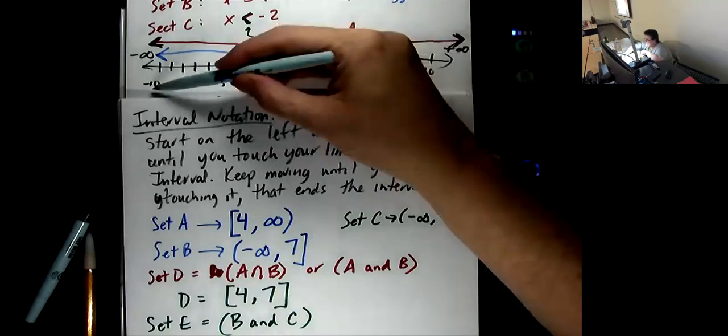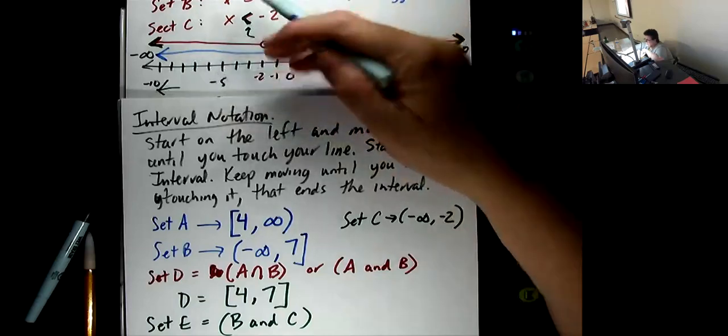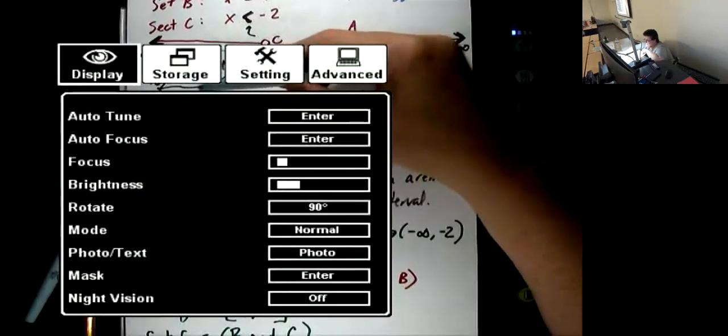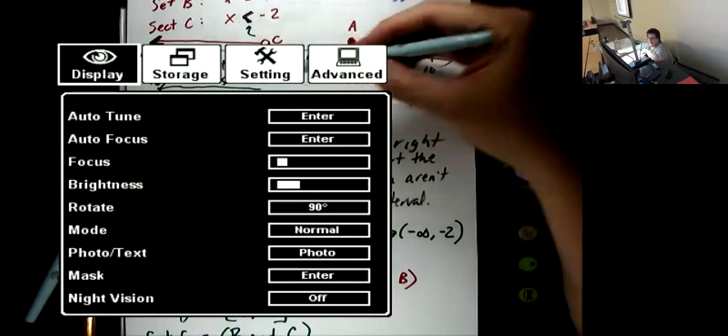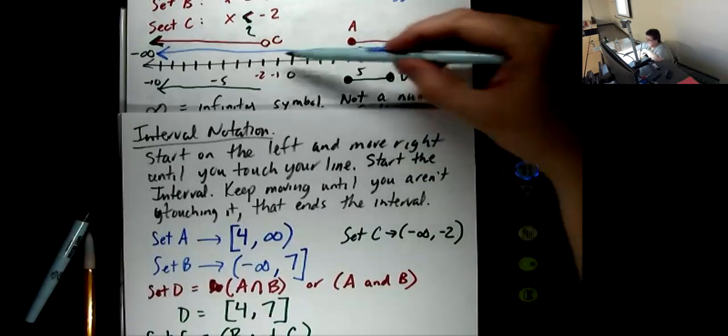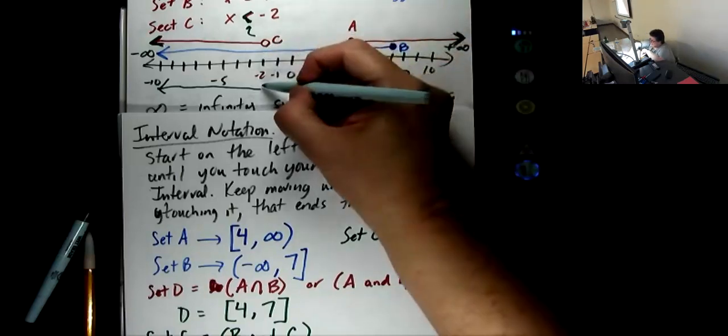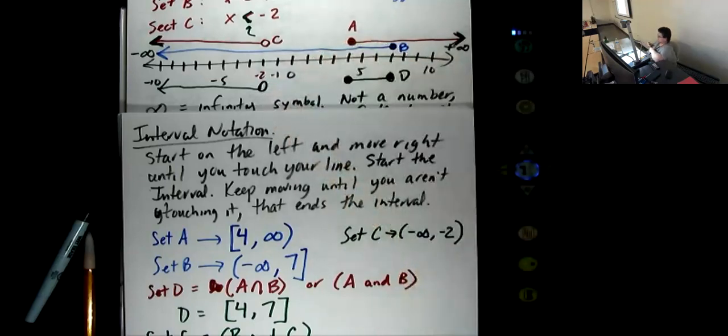The values that work here start at the left and go all the way up to C. But C is hollow, so C doesn't have a value there, so we're not including that value.